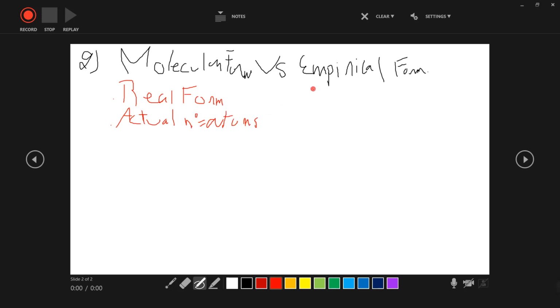But the empirical formula is totally the opposite. It is the simplest form of the formula, not the real form, and represents the relative number of atoms in my formula. What do we mean by this?